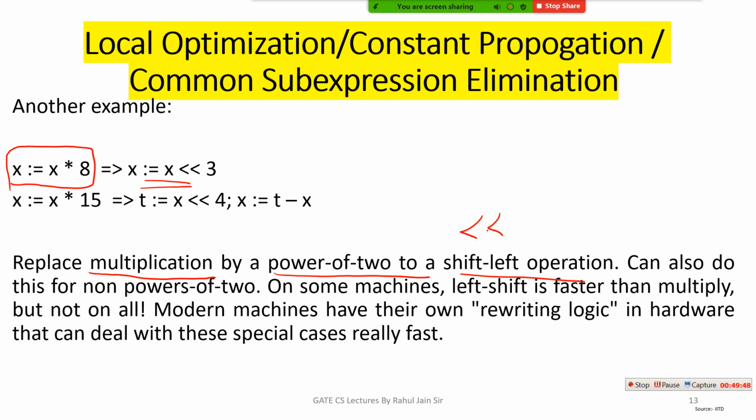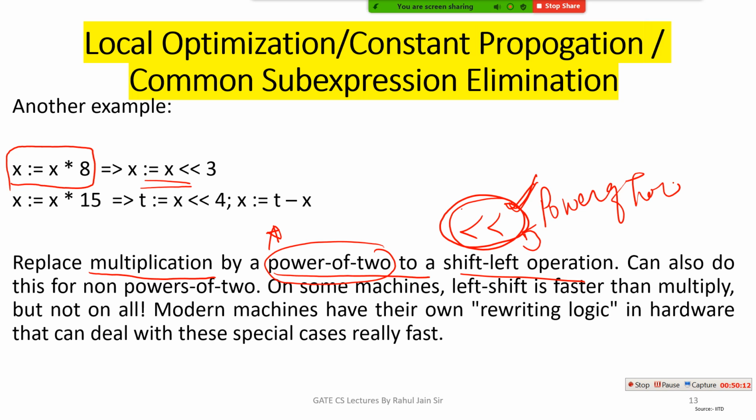This is called a shift left operation, guys. In the compiler, this multiplication can be replaced by a power of 2 shift left operation.